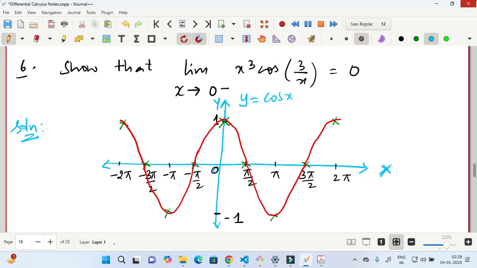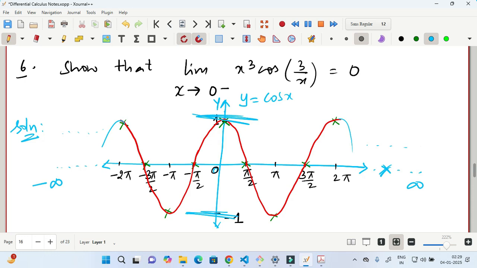Any input you give, from minus infinity to plus infinity, this curve continues on both sides. For any value of x from minus infinity to plus infinity, what is the y value? It is from minus 1 to plus 1. Anywhere it should come between these values.